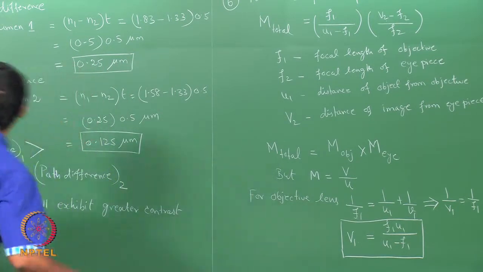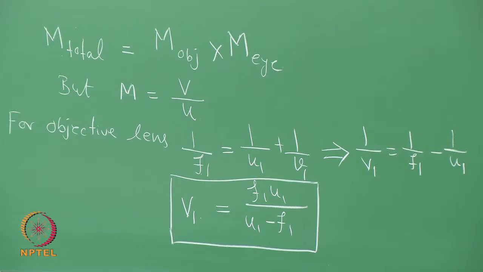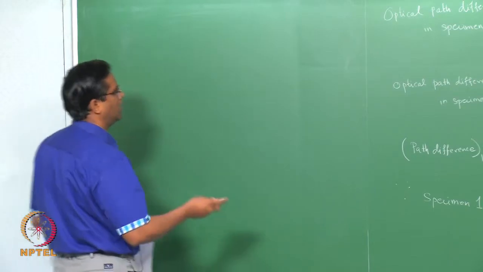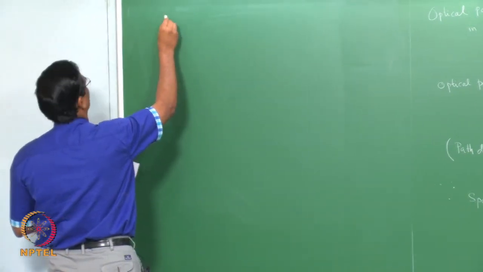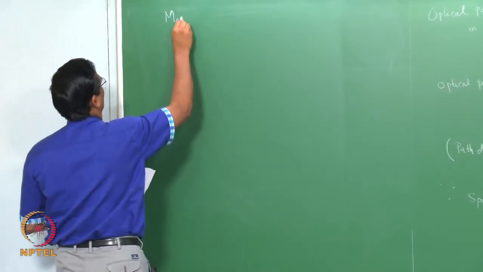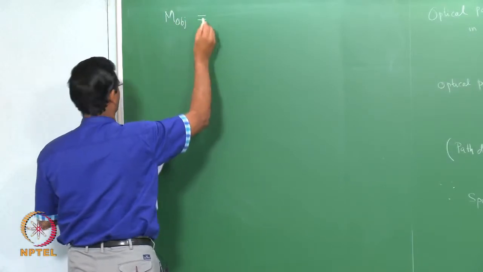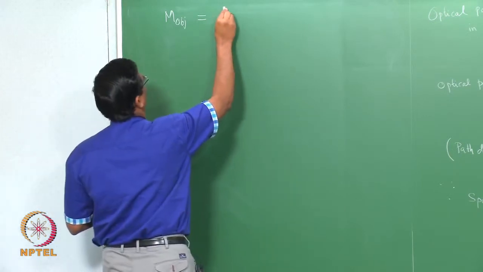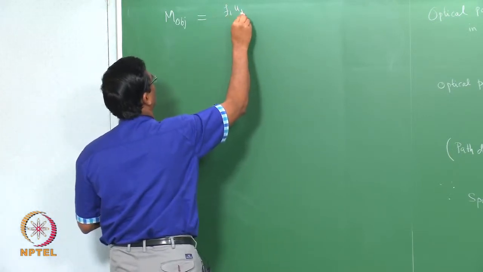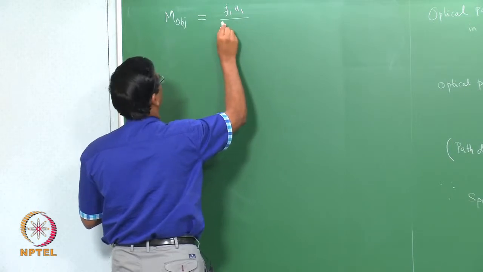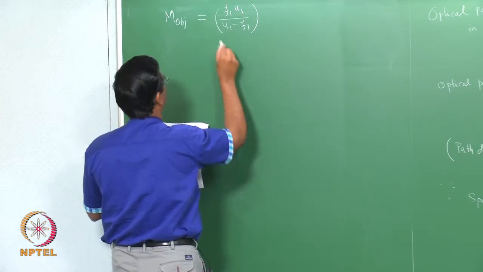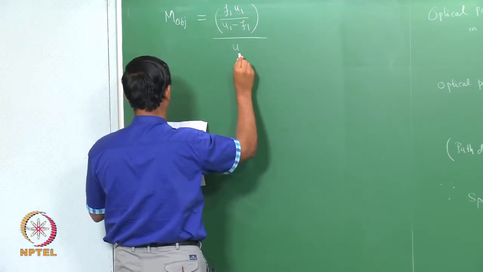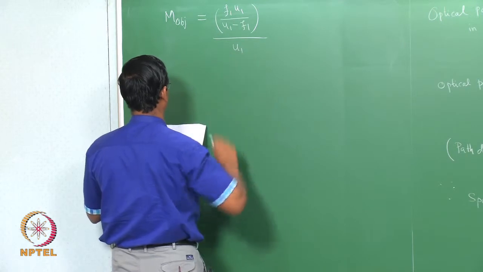Similarly, you substitute that V1 in the equation for M objective, which is V1 by U1, that is F1 U1 divided by U1 minus F1, divided by U1.